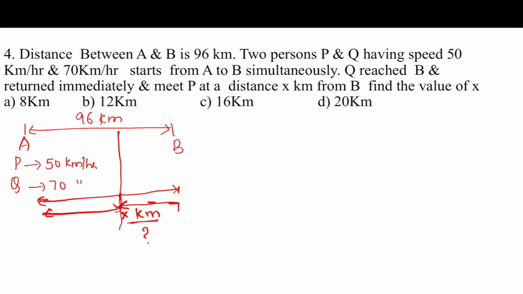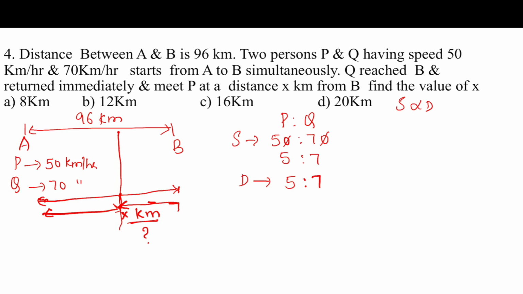Now we know that P to Q speed is how much? It's 50 is to 70, isn't it? That is nothing but 5 is to 7. Speed ratio is 5 is to 7. So we know that speed is directly proportional to distance. Since speed is 5 is to 7, distance is also 5 is to 7.